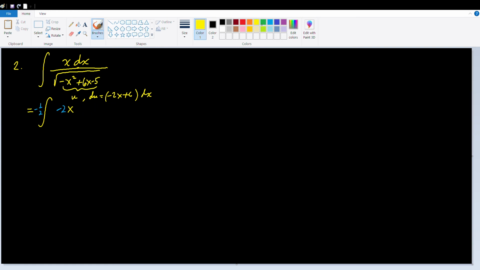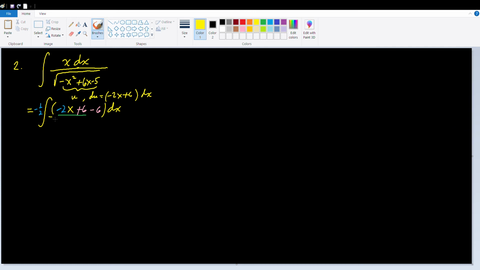But we have to add 6. Since we're adding 6, we have to subtract the same number 6 so as not to change our integrand. Alright? And then quantity dx. The purpose is to complete our du, negative 2x plus 6 quantity dx.